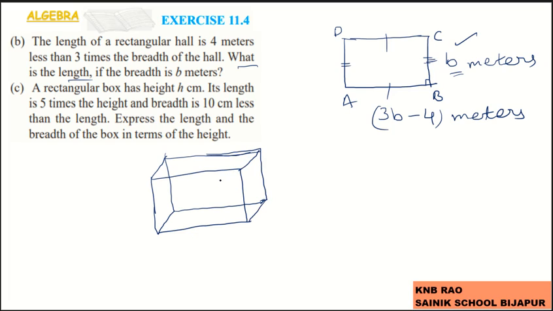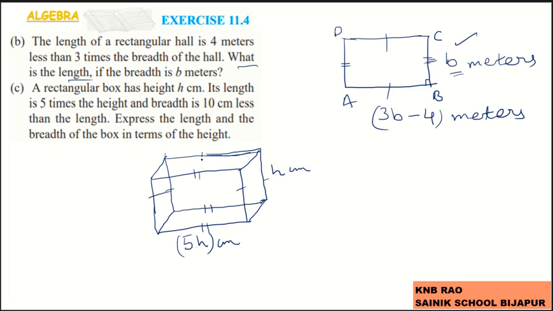So in this cuboid, there is h centimeter as height. Now, its length is 5 times the height. That means here I am considering the length as 5 times, so 5h centimeter as the length.